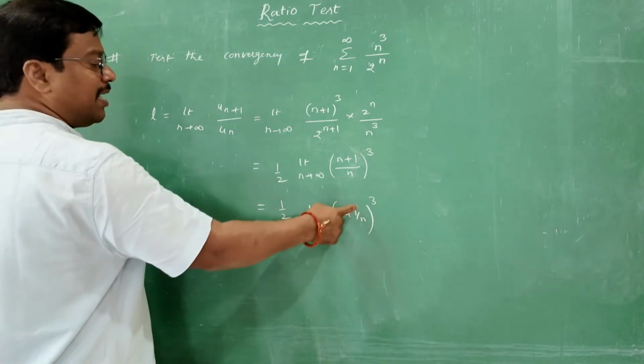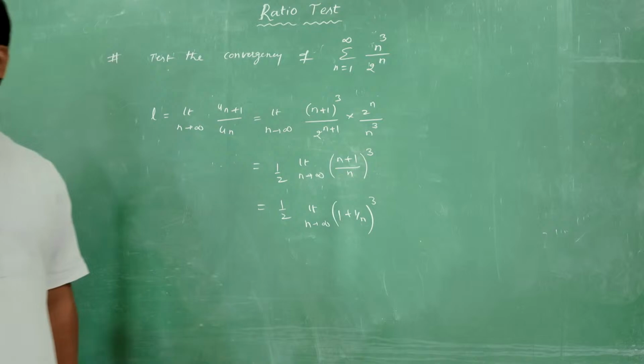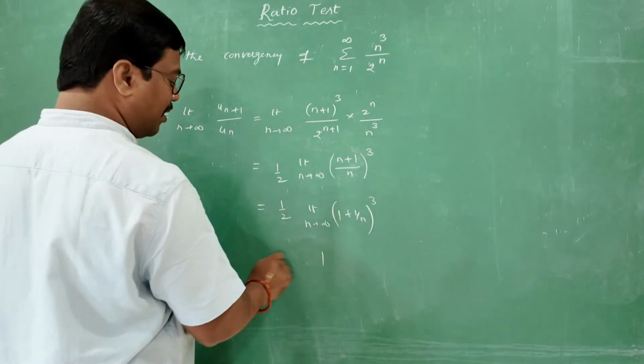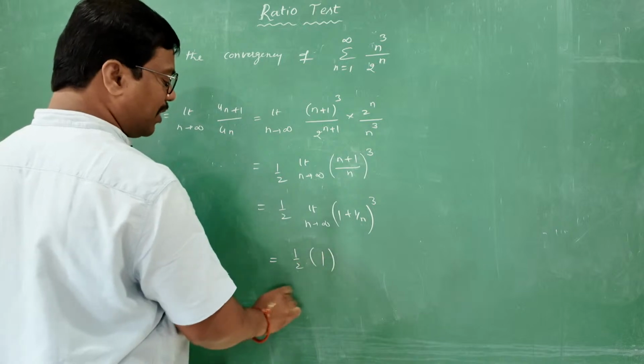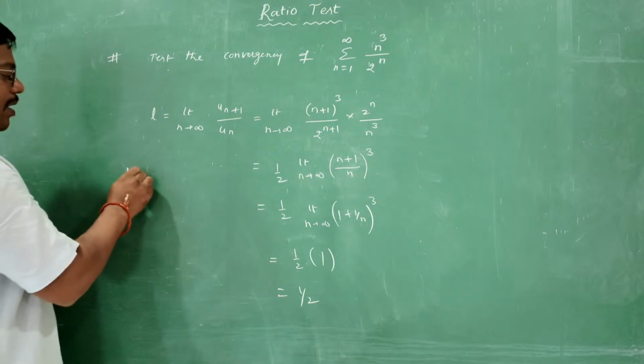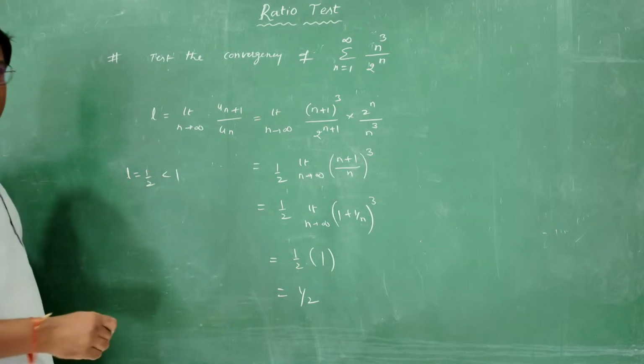As n tends to infinity, what is 1 by n? 1 by infinity becomes 0. So 1 plus 0 whole power 3 becomes 1. 1 multiplied by 1 by 2 gives the result 1 by 2, and hence the limit value is 1 by 2, which is less than 1.